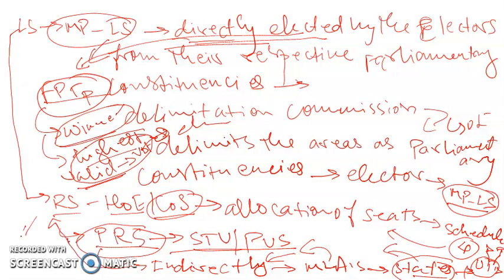The members of Rajya Sabha are called MPs, and their tenure is 6 years, while the members of Lok Sabha's tenure is 5 years. This is what we have to know about this.